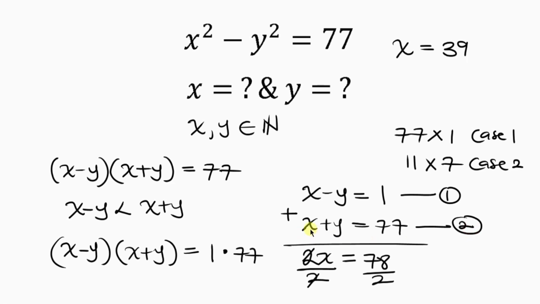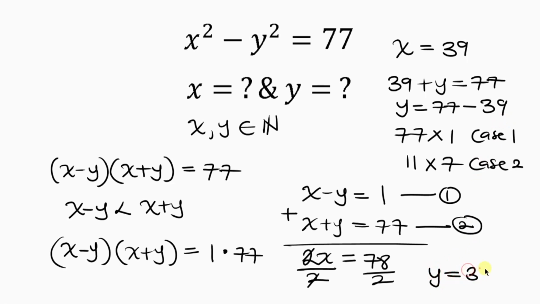So in equation 2, we have x, which is 39, plus y equal to 77. When I collect like terms, I have y equal to 77 minus 39, because as 39 crosses to the right, it becomes minus 39. So 77 minus 39 is 38. So the value of y is equal to 38.